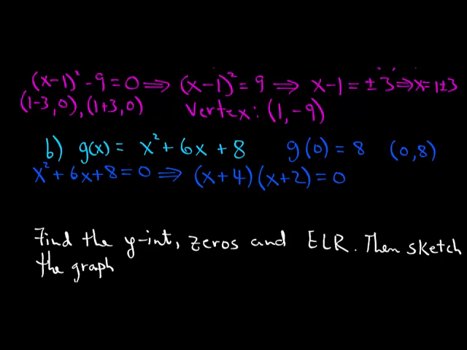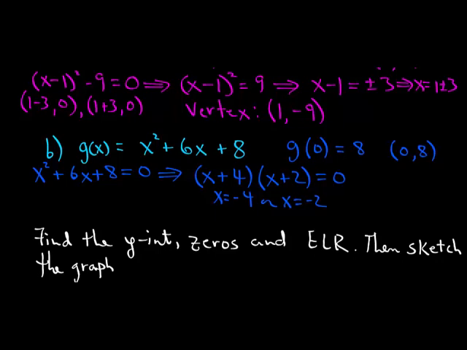So immediately I find that x equals negative 4 or x equals negative 2. So this works when we have two things that are multiplied to give me 0. If two things multiplied together give you 0, then one of them needs to be 0 for that to be true. And that can happen if either x equals negative 4 or x equals negative 2.